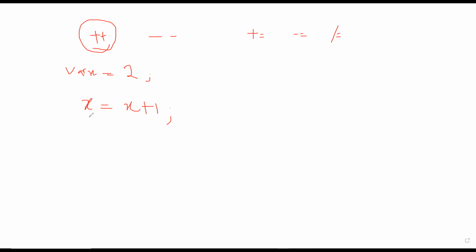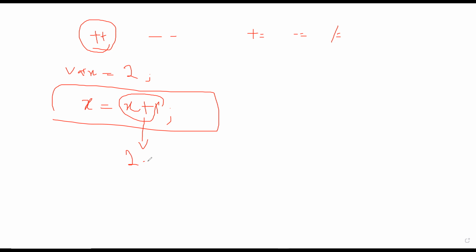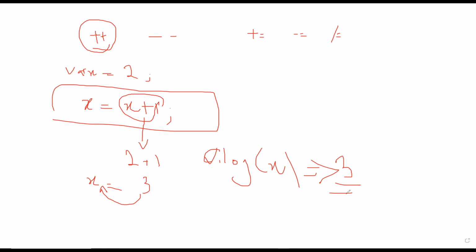This is a statement. This is an expression. So this expression will be evaluated first. x is 2, plus 1, 3. Then 3 will now be assigned back to the variable x. So if I print x here, if I do console.log x, then I will have 3.